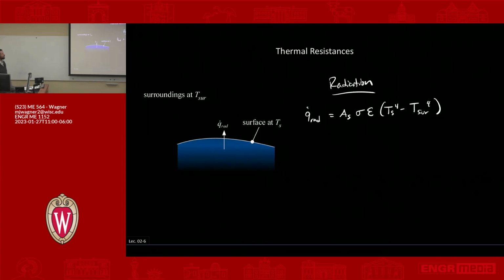All right, this one is maybe a little bit tougher because we have Ts to the fourth minus T surroundings to the fourth as opposed to Ts minus T surroundings. So we have to maybe play some games with this, right? Oh, by the way, epsilon is the surface emissivity, and sigma is the Stefan Boltzmann constant.